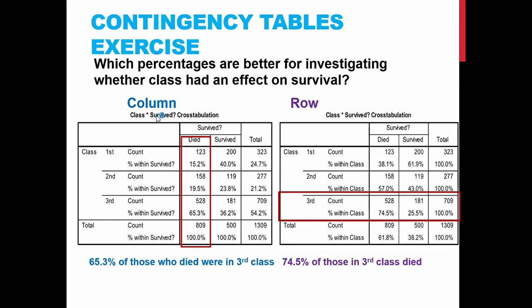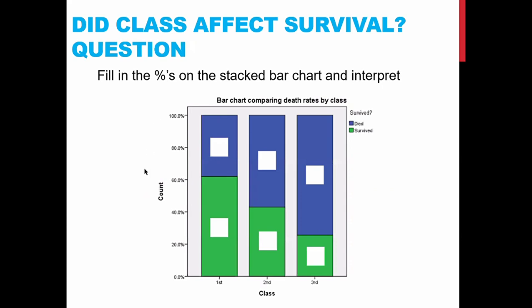Next slide, please. On the question of did class affect survival, if we fill in the percentages on the stack bar and interpret, you can see that in the first class, the green was survived and the blue color died.